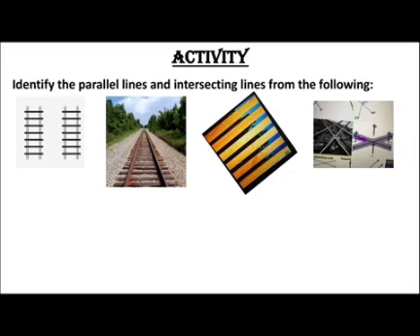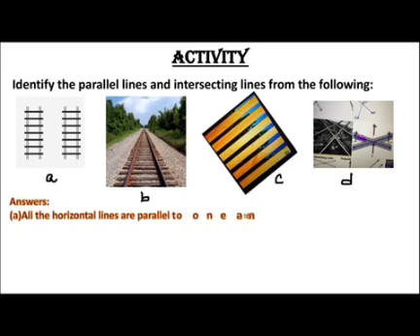Okay, so here also in the second example, you have vertical lines and you have even the horizontal lines which are parallel to each other. Third example is purely parallel lines. Fourth example is intersecting lines. Okay, so name them.